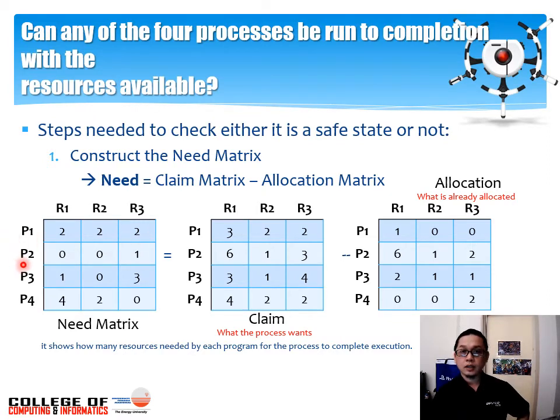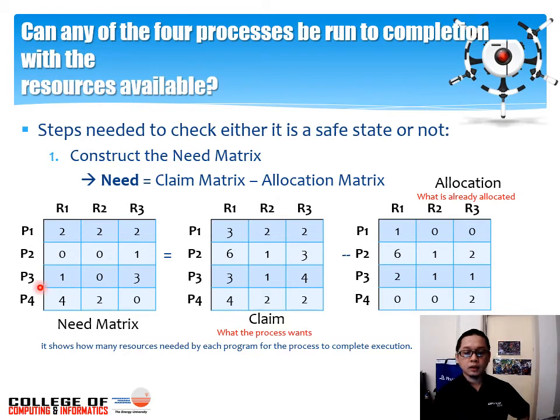Now for process 2, 6 minus 6, you will get 0. 1 minus 1, you will get 0. And then 3 minus 2, you will get 1. So for process 2, only 1 unit of R3 is needed.